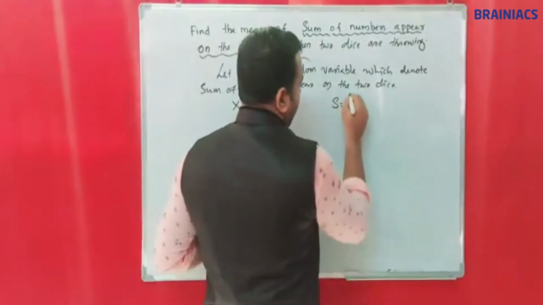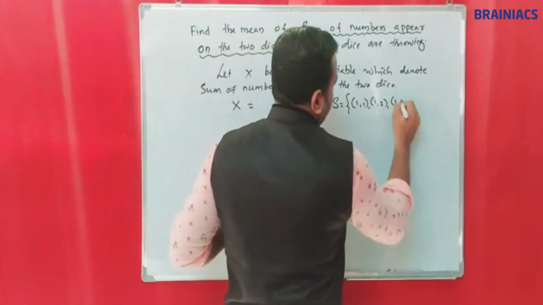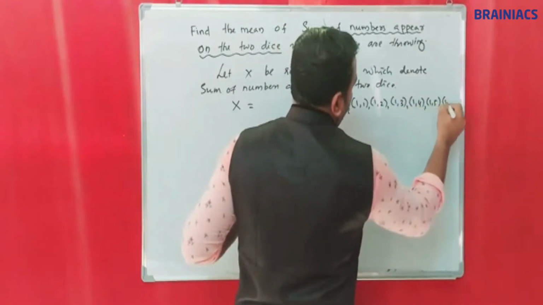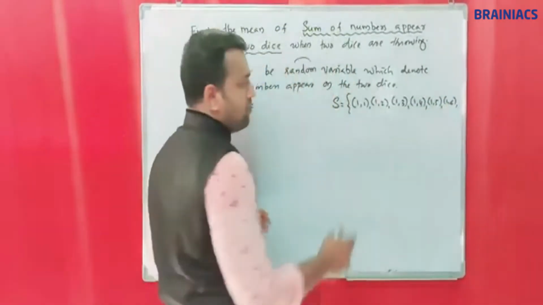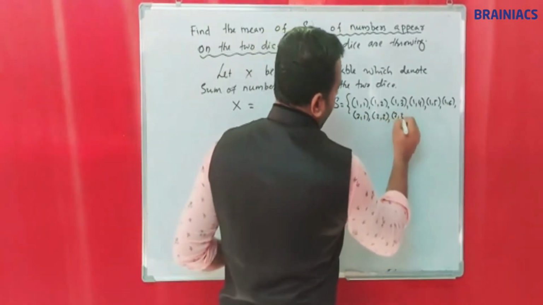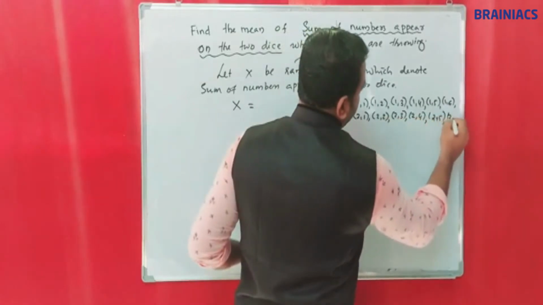the sample space will be 1 1, 1 2, 1 3, 1 4, 1 5, 1 6, 2 1, 2 2, 2 3, 2 4, 2 5, 2 6.